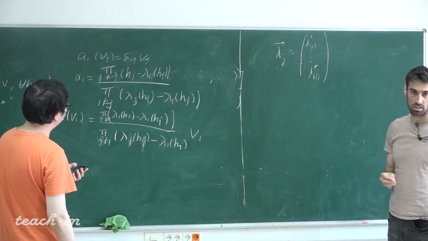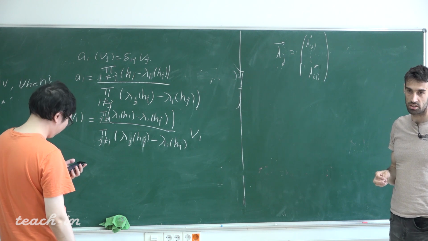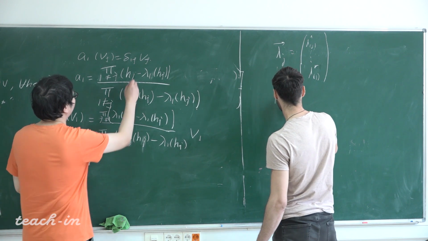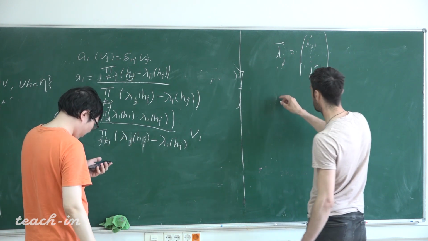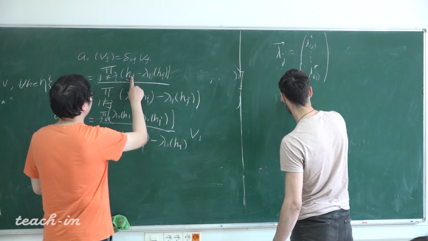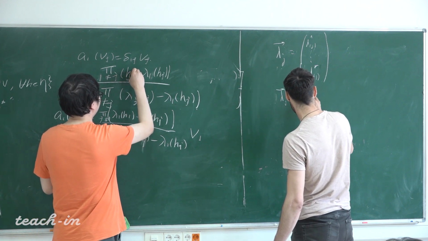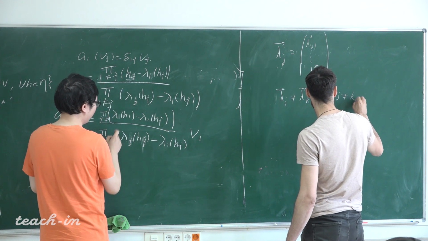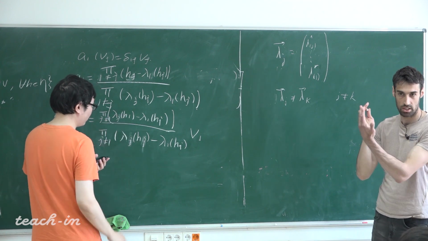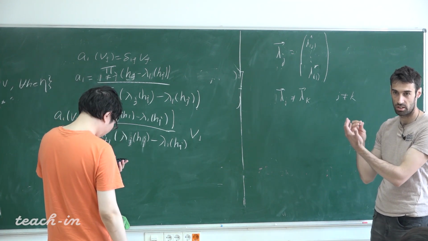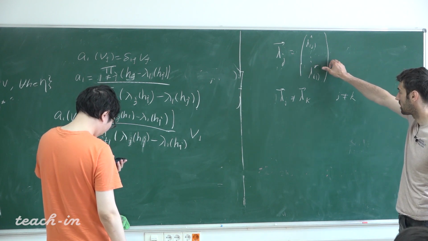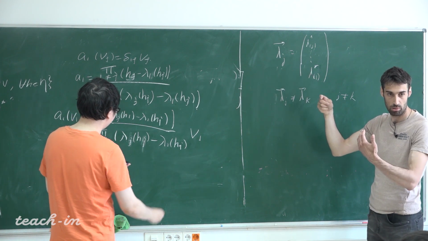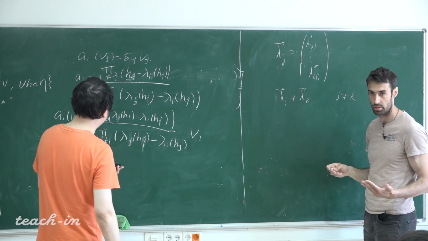The problem is the following. We know that as vectors, lambda j is not equal to lambda k if j is not equal to k. This is what it means to have different weights. If j is not equal to k, sums of entries can coincide, of course, but as vectors they're different.